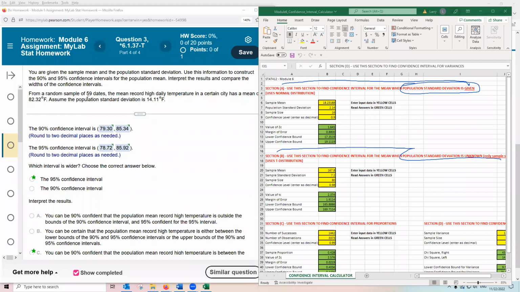All right, well, I notice in this problem, it says assume the population standard deviation is 14.11. Well, that means I'm going to be using section A in the spreadsheet.